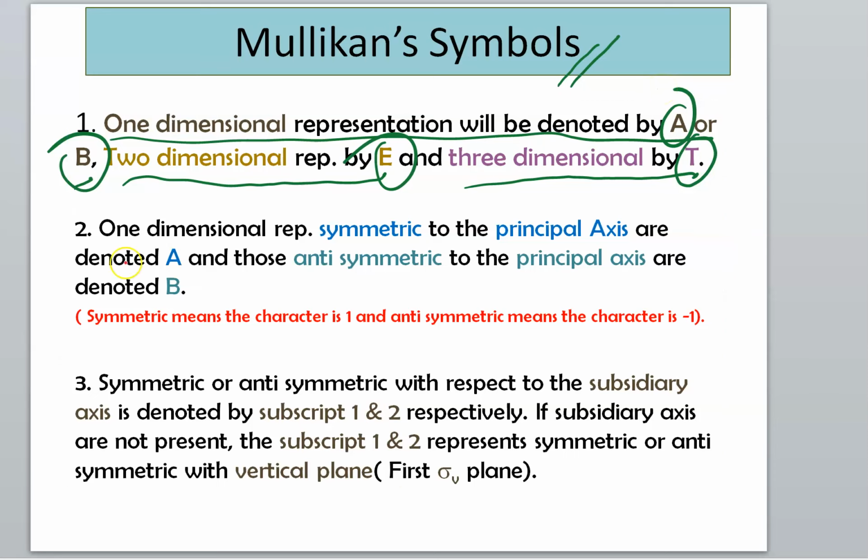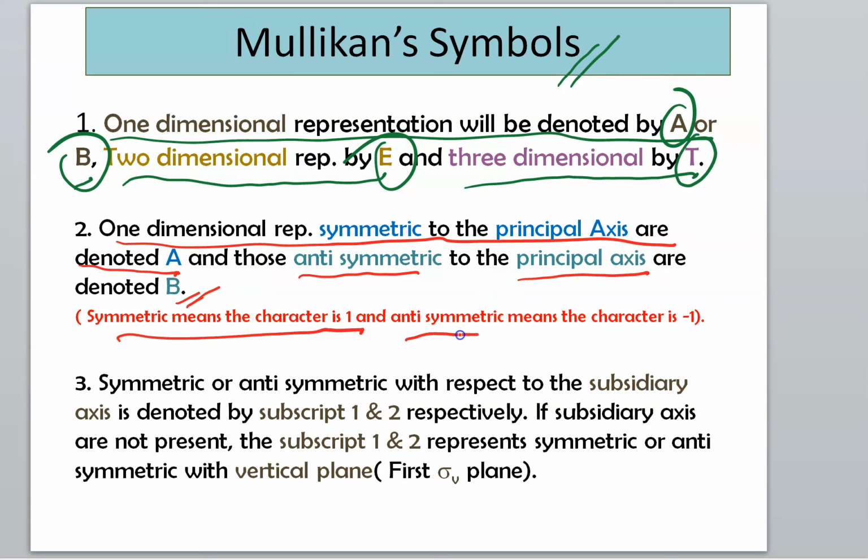Now, a one-dimensional representation symmetric to the principal axis is denoted A, and anti-symmetric to the principal axis is denoted B. Symmetric means the character is 1, and anti-symmetric means the character is -1.